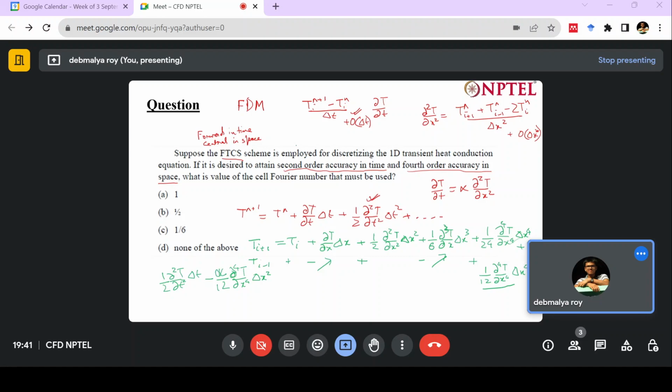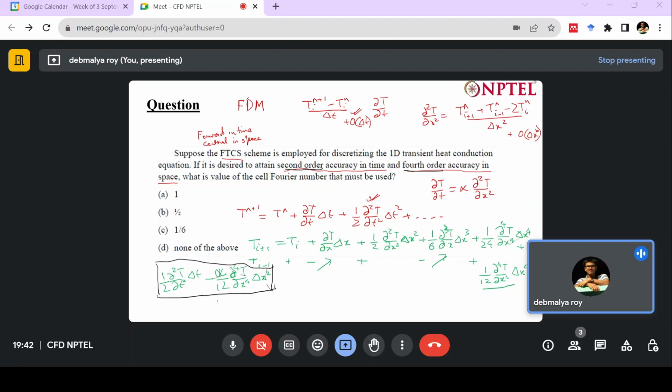The alpha will be there because the spatial term has an alpha. So far whatever we have got has led us down to this particular term. And if this particular term is 0, then we obtain our required second order and fourth order accuracy.